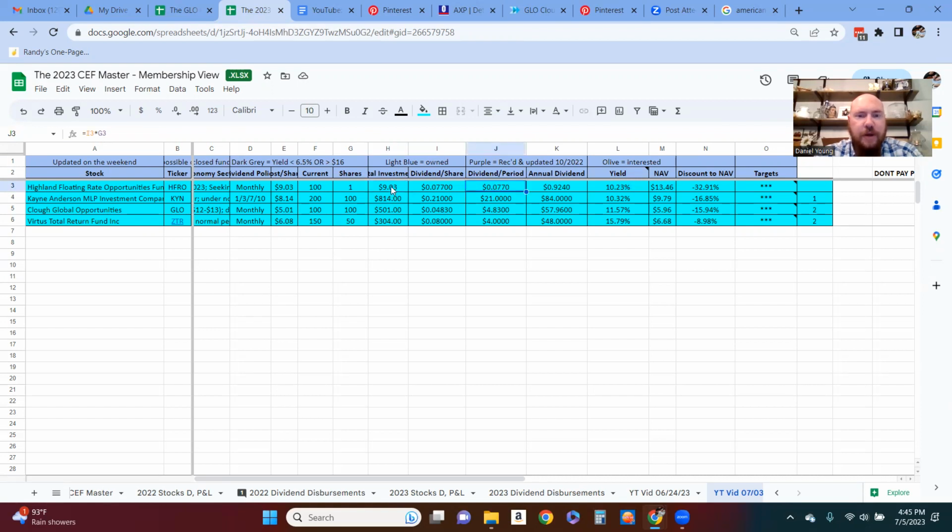So if we buy at this and they suddenly decide to raise their dividend, they raise it to 8 cents. Oh, I changed the wrong one. That's why. If they raise it to 8 cents, then it changes our overall yield.